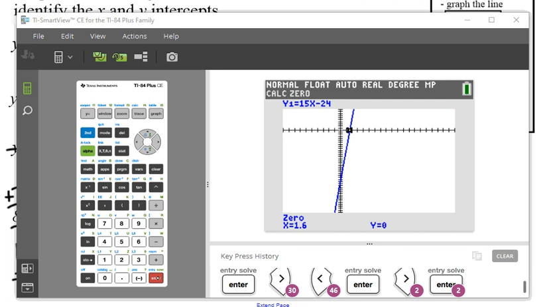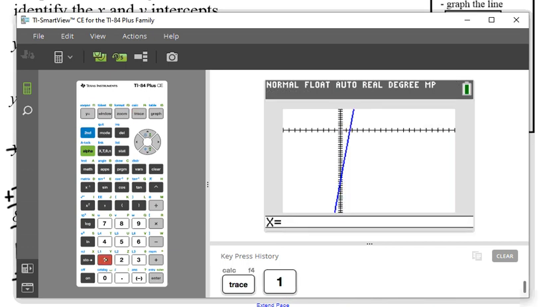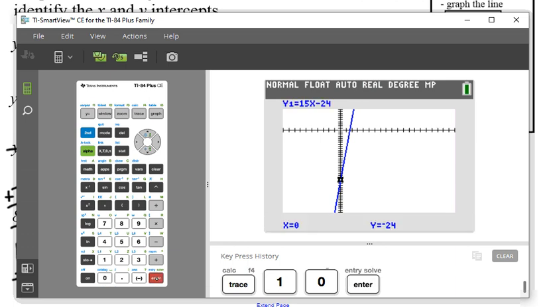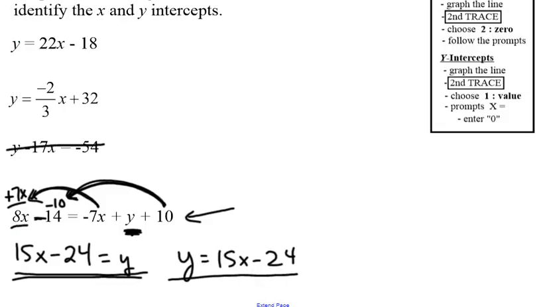And the y-intercept, second trace, number 1, value, x is 0 for an intercept. The y-intercept is at negative 24. So there is what you're looking at for using your calculator with lines.